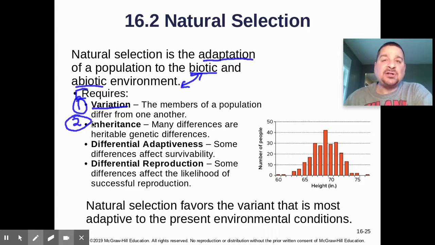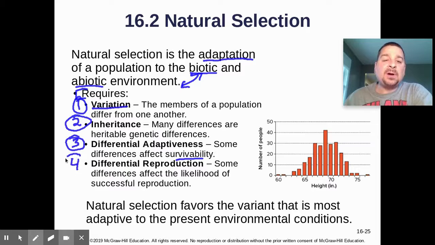That is based on traits that can be passed on. Number three, that variation affects survivability. So the things are different, which makes them better or worse, gives them a better or worse ability to survive in their ecosystem or their environment.